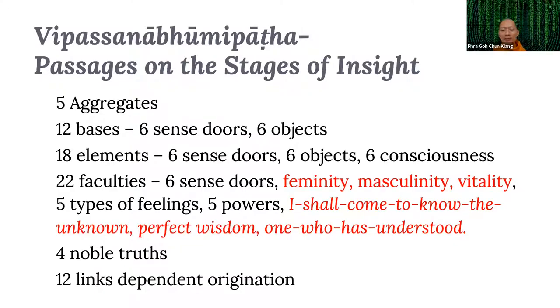So these are the 5 spiritual faculties. First, namely, faith. Number 1, faith. Number 2, effort. Number 3, mindfulness. Number 4, concentration. And number 5, wisdom. So these are the 5 powers, and the rest I shall come to know. This is like a close to enlightenment kind of stage.